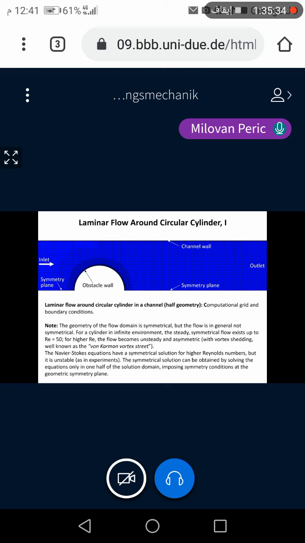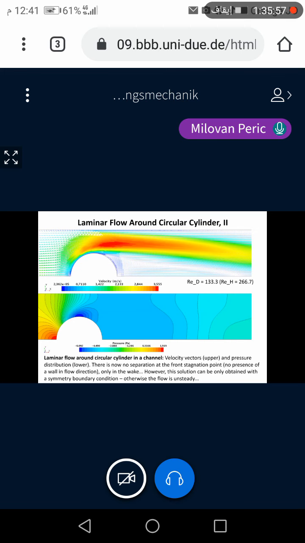Although in principle the Navier-Stokes equations, as I said, also have a symmetric solution for this geometry, you can't get it in an experiment and you can't keep it in a simulation if you have the whole geometry. The smallest round-off errors in the simulation will trigger asymmetry and the flow becomes unsteady. But let's first see what we get if we apply symmetry. Then you get a flow which looks like this.